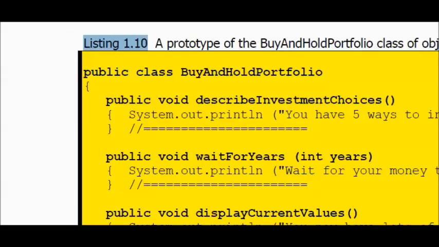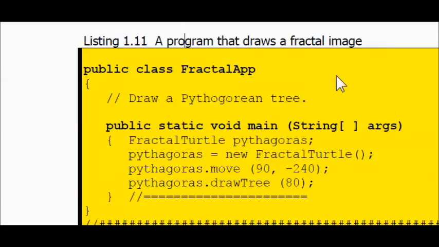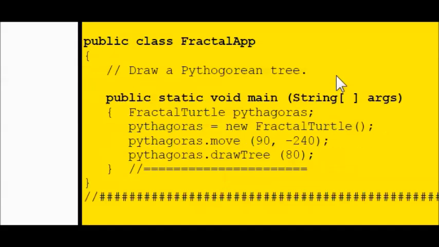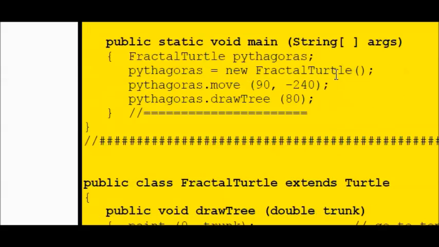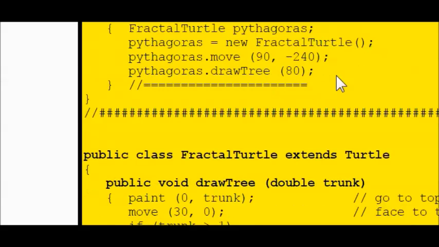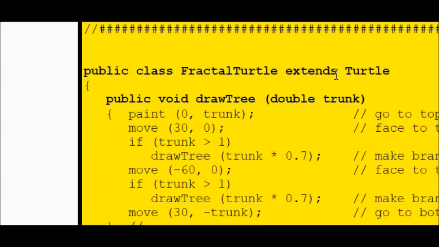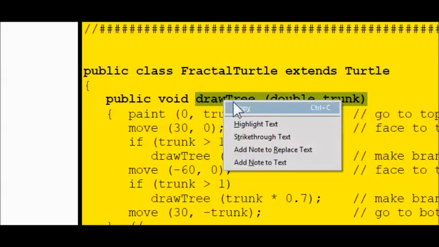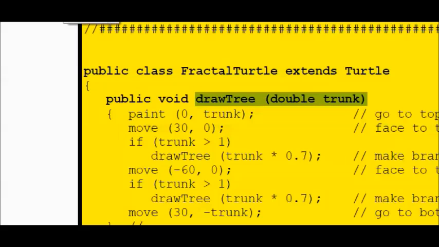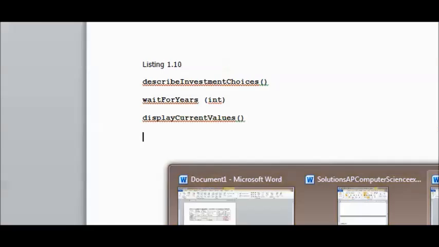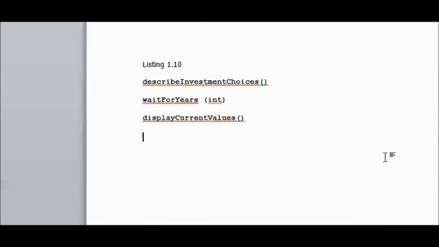Next we go to listing 111. So here's listing 111. So we're going to copy here, draw tree double. Bring up Word. Listing 111.